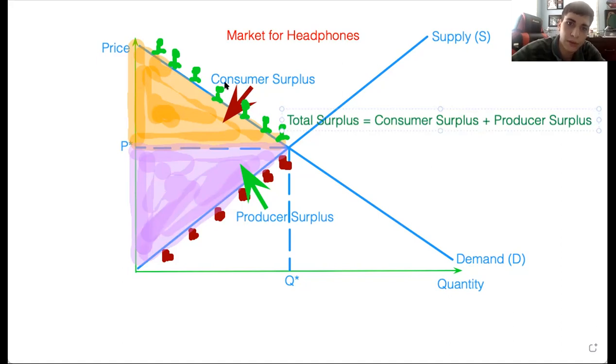The total is just all of it together. But let's draw that out. I will change the color. We'll make it blue. And this whole area right here, every single thing in this whole area.